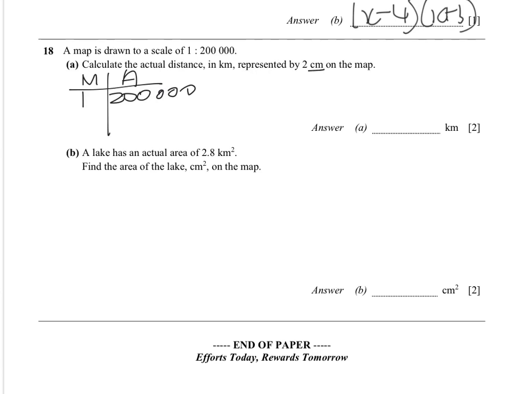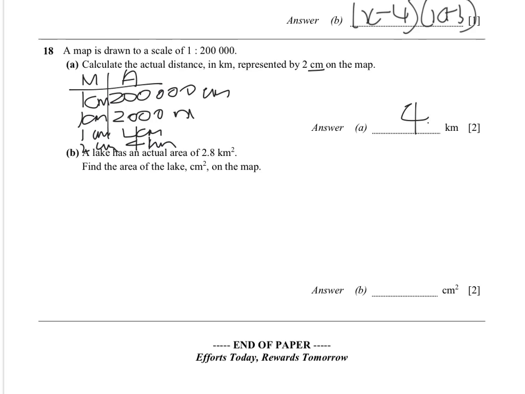Since we're talking about cm, we'll put cm on both sides. Then we need to do some conversion. Change this to meters, so it's 2,000 meters. 1 cm is 2 kilometers, so 2 cm will be 4 kilometers.